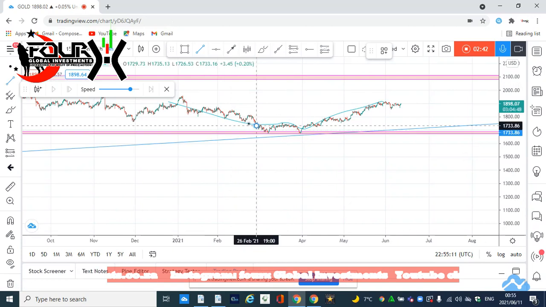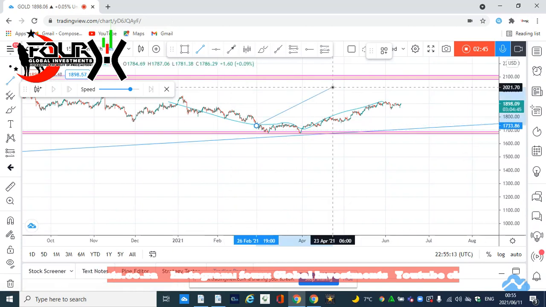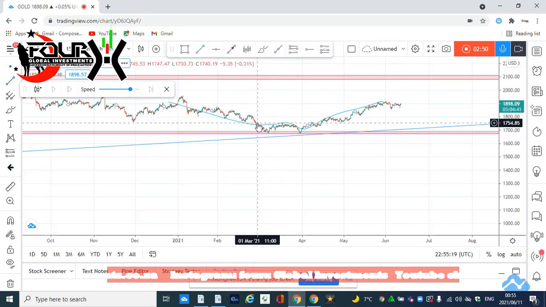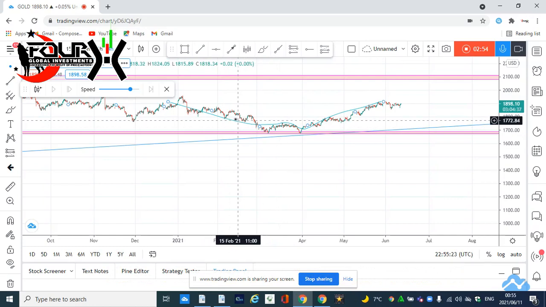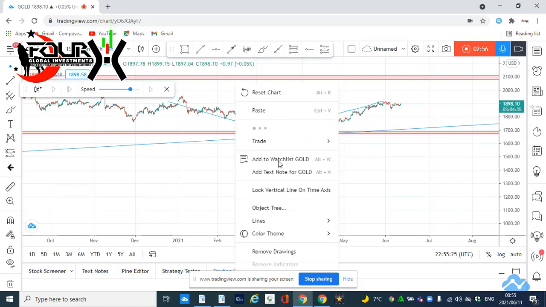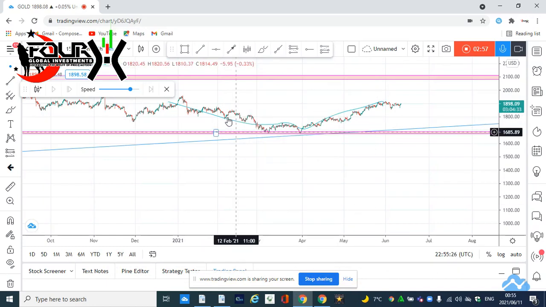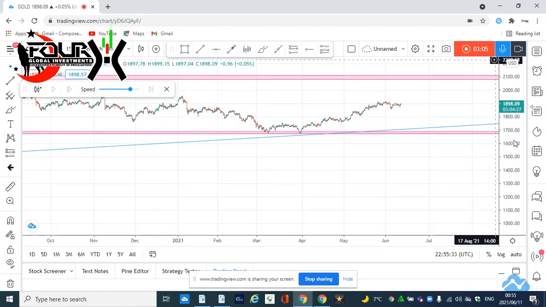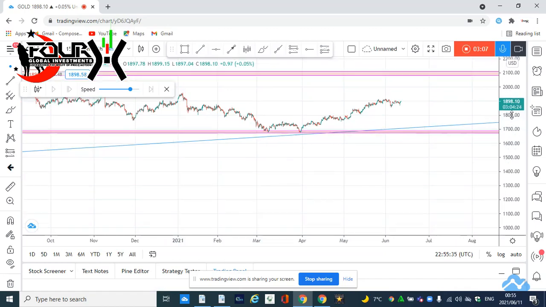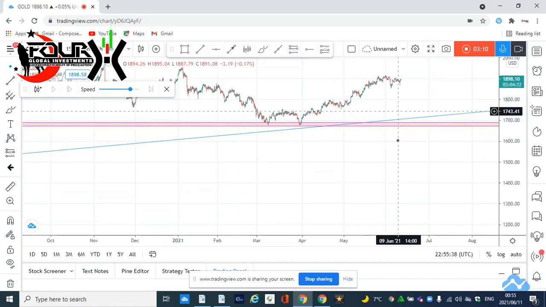Let me just remove this drawing. Okay, let's take it down.